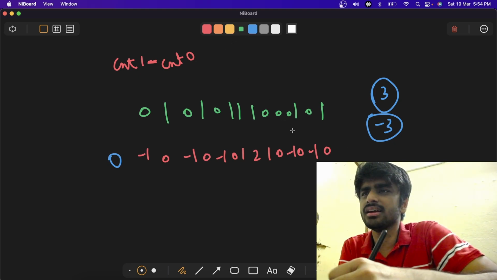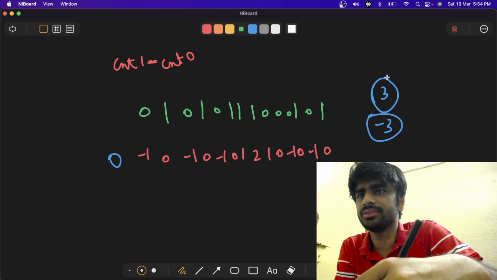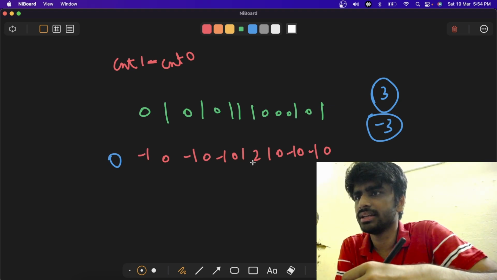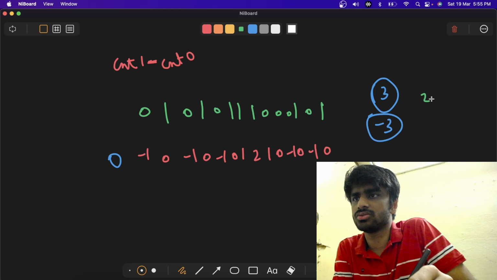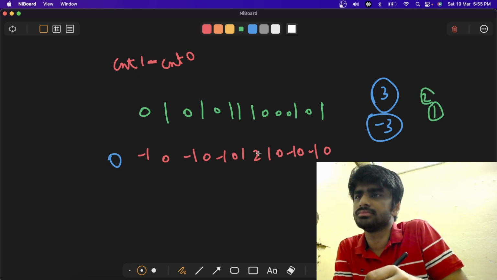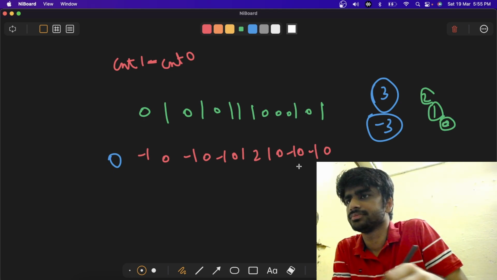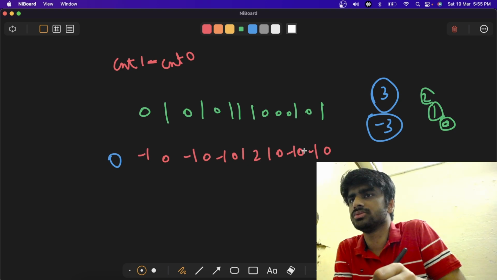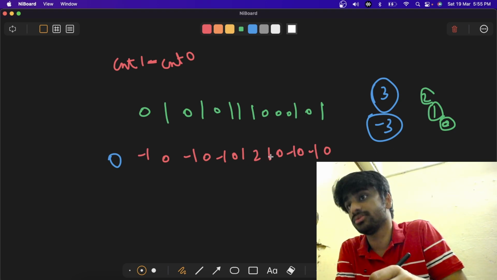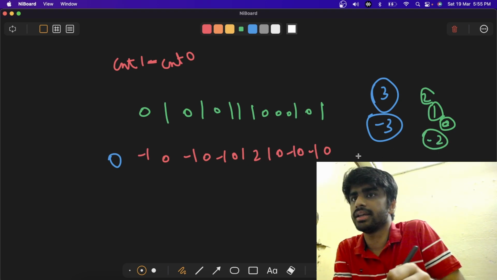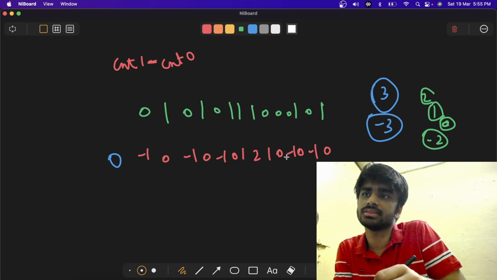So I think maybe we can get every value in between them. Let's try to verify this here. 2 minus 0 is 2. 2 minus 1 is 1. Then 2 minus 2 is 0, obviously. -1 minus 2 is -3. -1 minus 1 is -2. And then -1 minus 0 is -1.